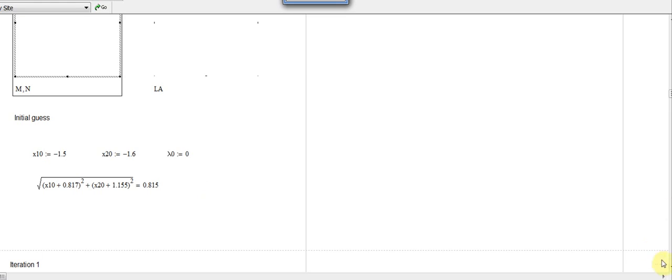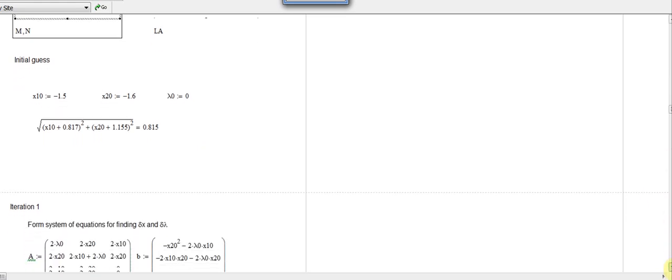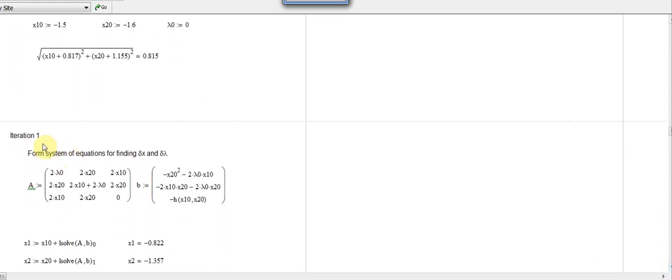So now let's pretend that we don't know the solution, you didn't hear it from me, and we solve the optimization problem. This is the first iteration. We form a linear equation. So these are the terms on the left-hand side, and this is the right-hand side.